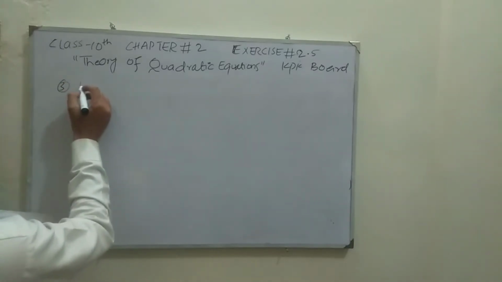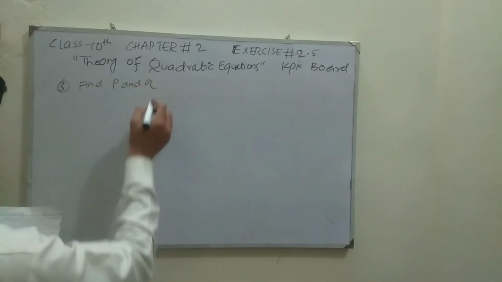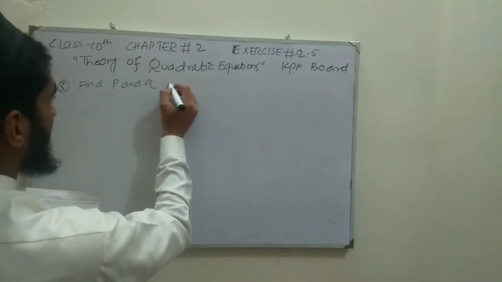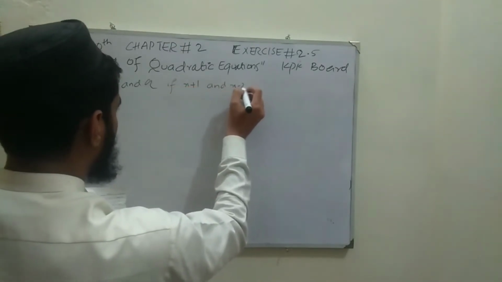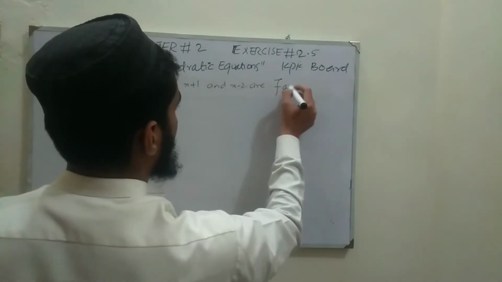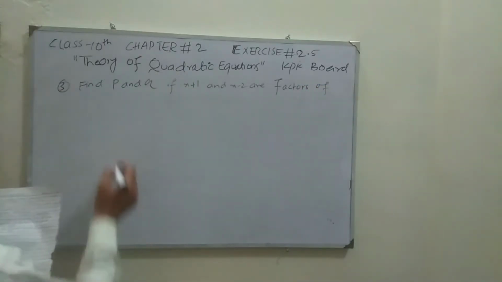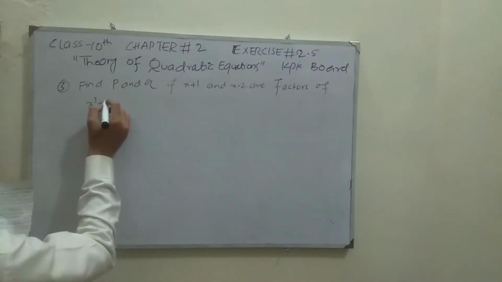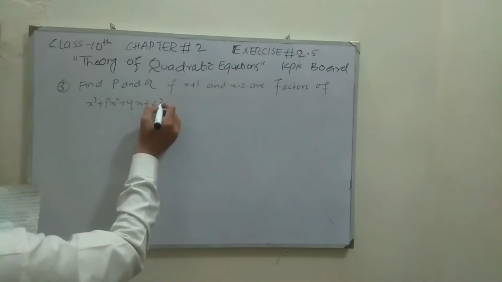Find the value of p and q. Find p and q if x plus 1 and x minus 2 are factors of the given polynomial, which is x power 3 plus px squared plus qx plus 6.